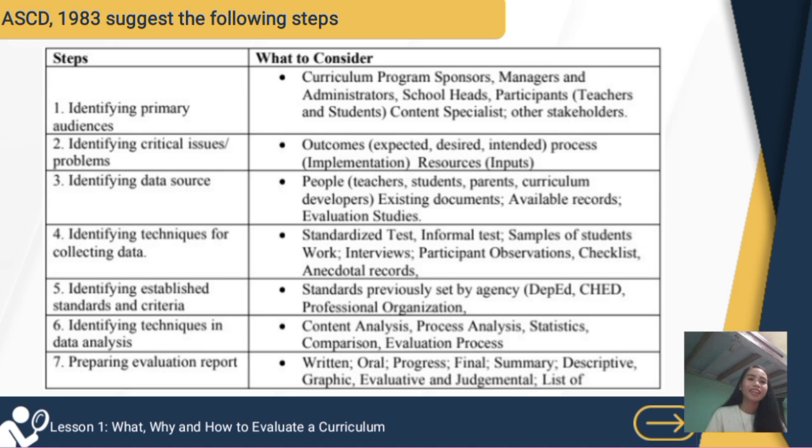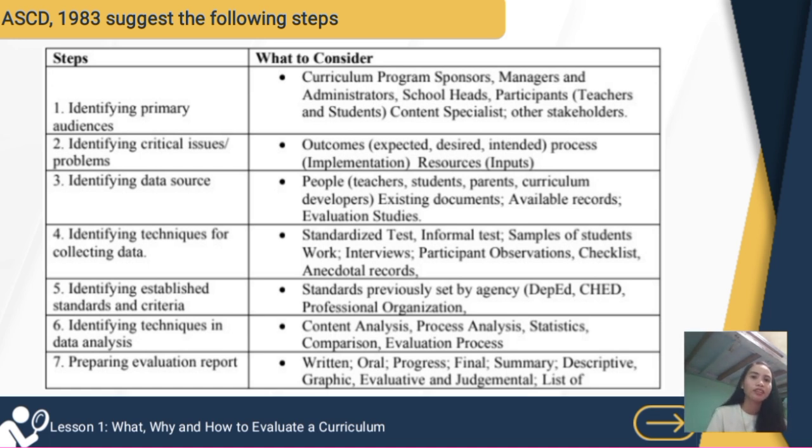And aside from those mga models and pinasimple na way on how to evaluate curriculum, meron ring sinuggest ang ASCD in 1983 with the following steps. Merong mga steps at saka yung i-consider mo.